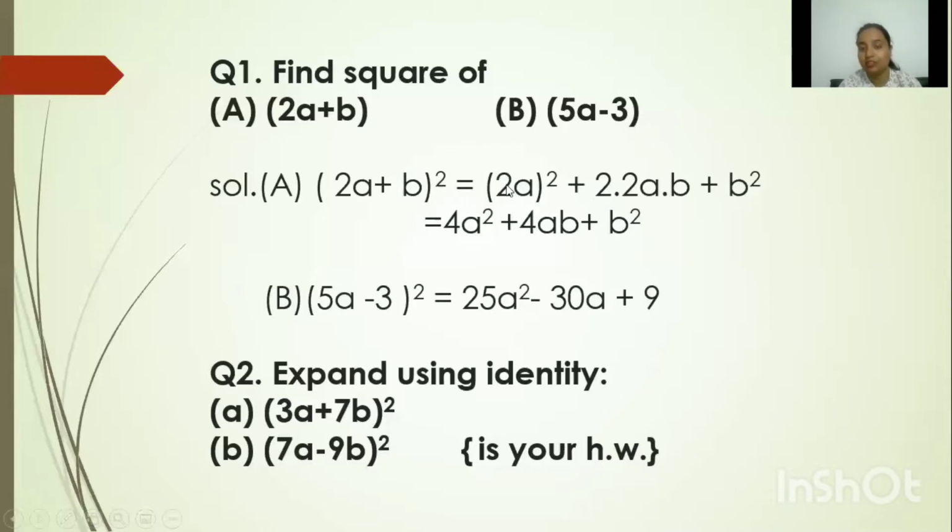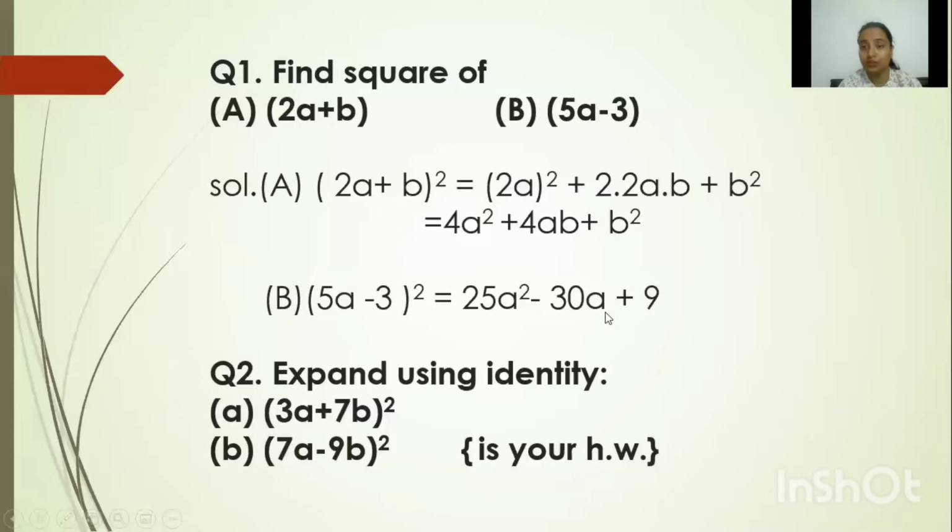Okay, now just open it. 2 square is 4, a square, right? If you multiply, you can only multiply the numbers, and these variables will remain just as they are, plus b square as it is, and we are done. In the same way, if you open this with the help of (a minus b) whole square, you will get this answer.